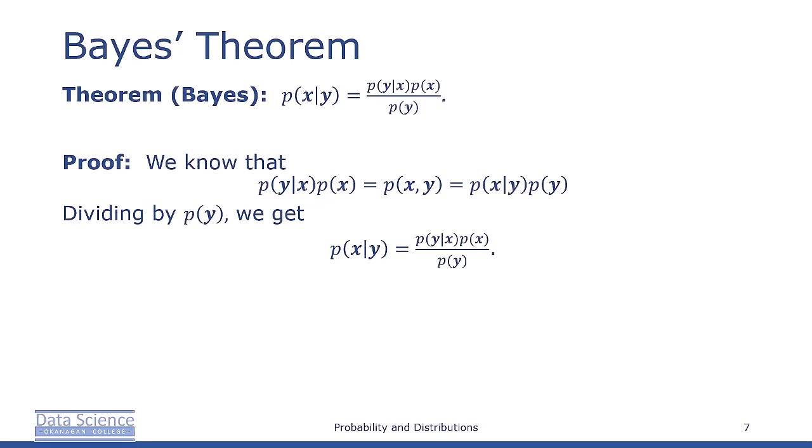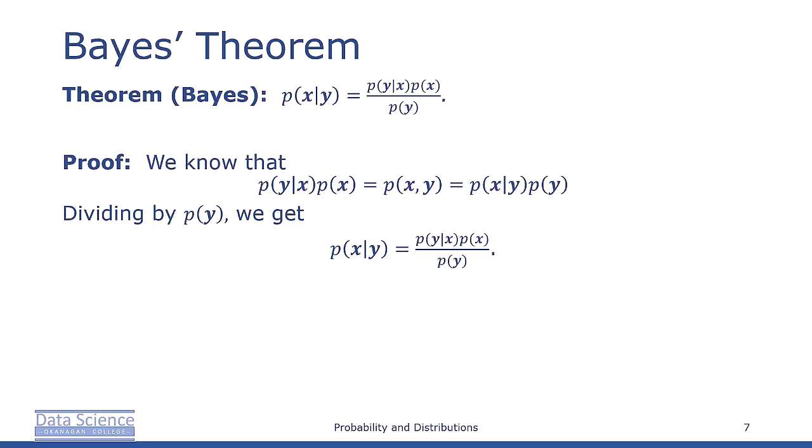So we have a relationship of the form P of y given x. If we observe y, we can use Bayes' theorem to draw some conclusions about x given the observed values of y. Bayes' theorem states the probability of x given y is equal to the probability of y given x times P of x divided by P of y.